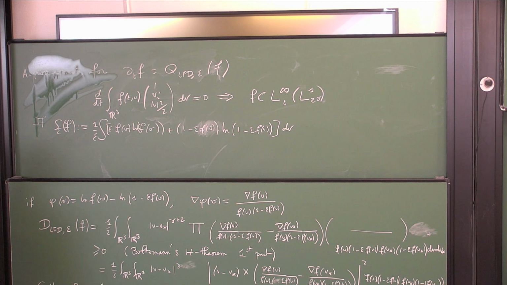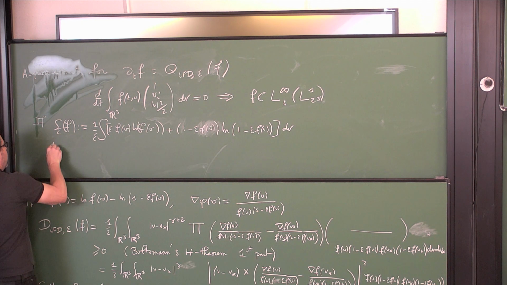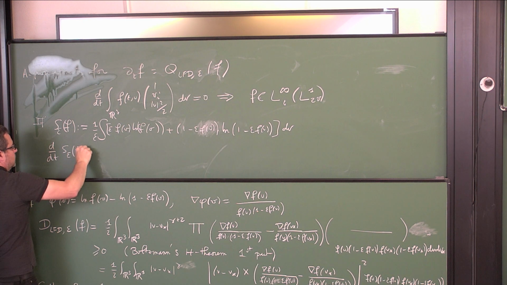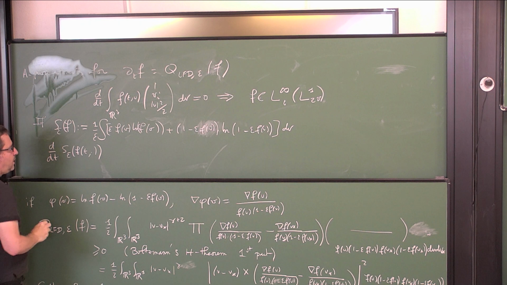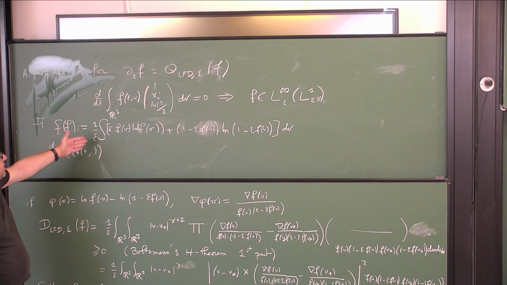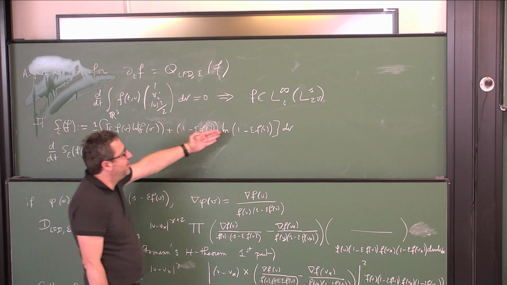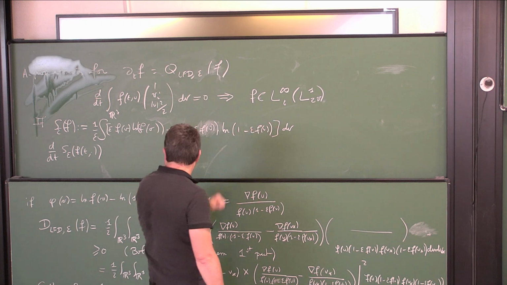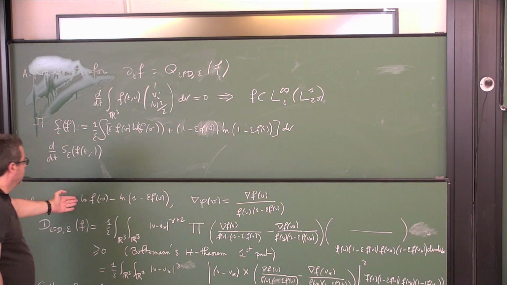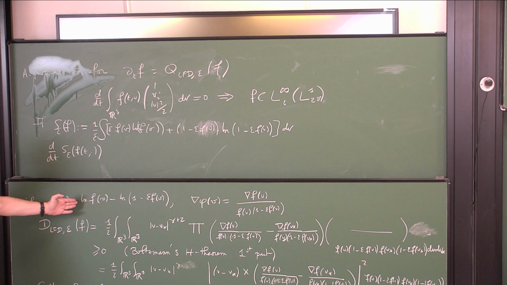And you can check that if you now take a solution of the equation and you differentiate this quantity, then this will exactly give you the phi which was defined here times df over dt.